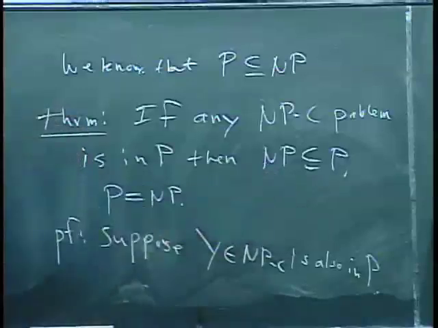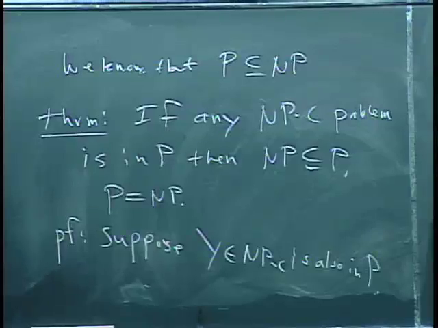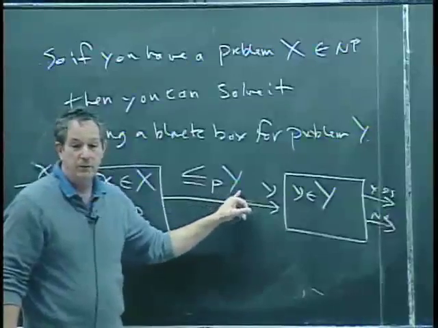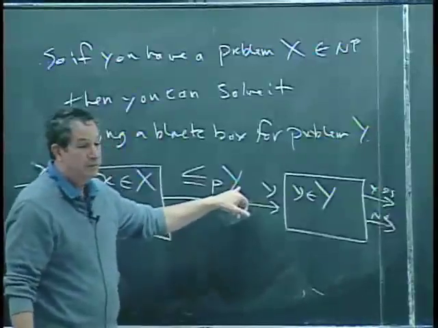Well, what's the proof of that? Well, any problem, for example, problem X or language X, that's in NP, can be reduced in polynomial time to problem Y or language Y. That's what it means for Y to be NP complete.